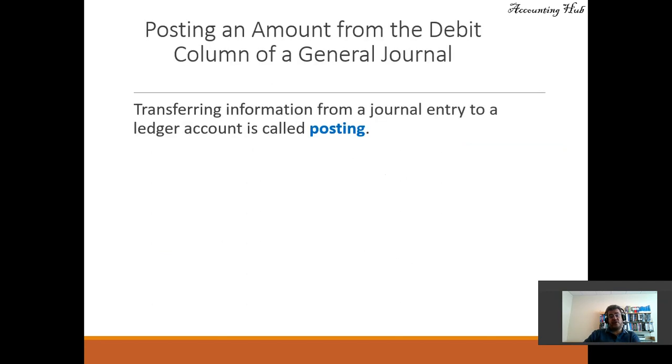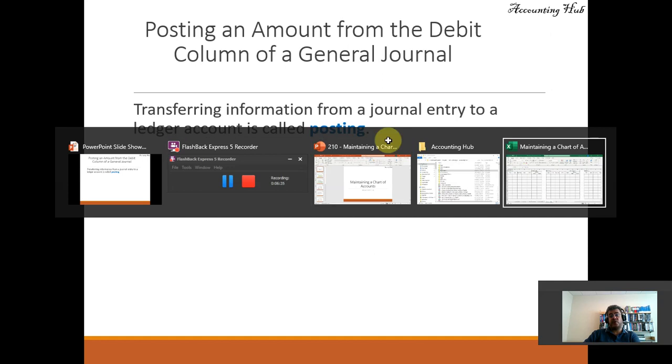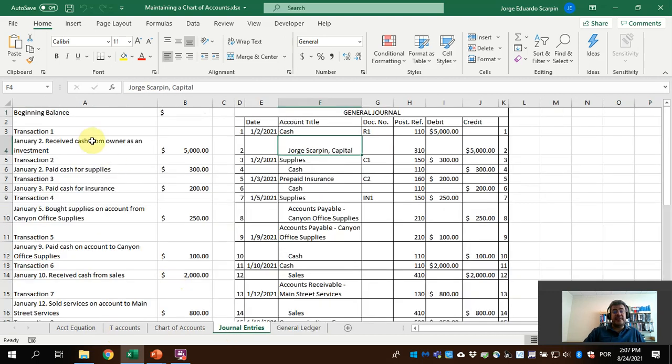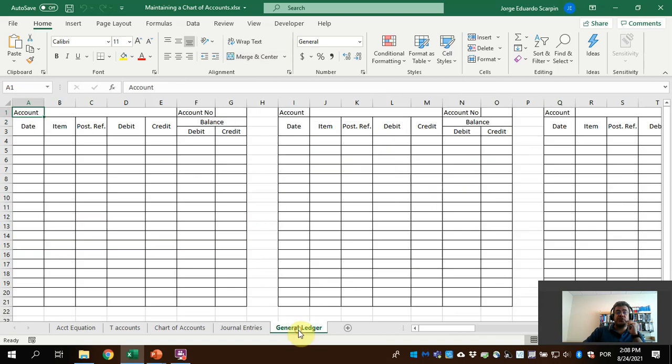Before the thank you, guys, let's go to our Excel file. So we have here the same Excel file from the accounting equation, T accounts, and journal entries videos. So these are our transactions. So we are moving from the general journal to our general ledger. What is the difference?